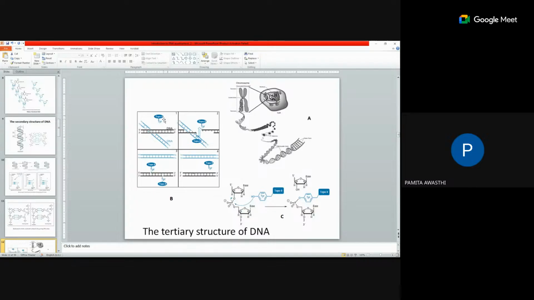Here I have noted it as topo 2 or topo 1, which can catalyze the seemingly impossible act of passing one stretch of DNA helix across another stretch. They do this by temporarily cleaving one or both strands of the DNA helix and creating a temporary gap, then resealing the strand once the crossover has taken place.